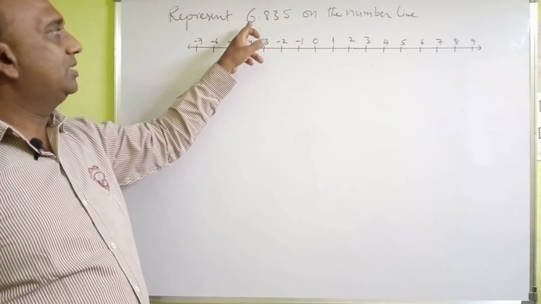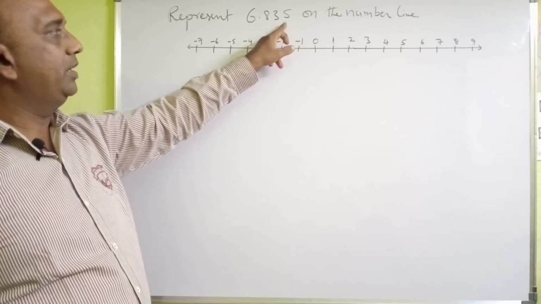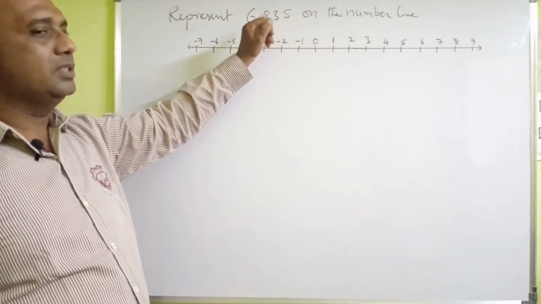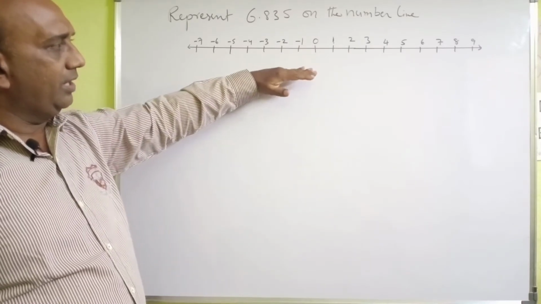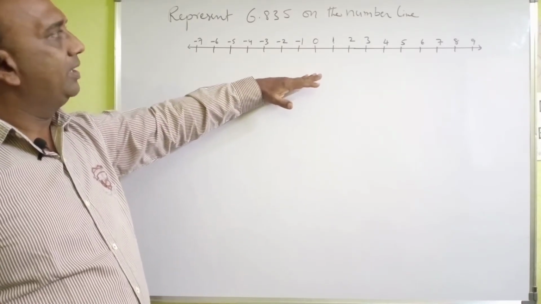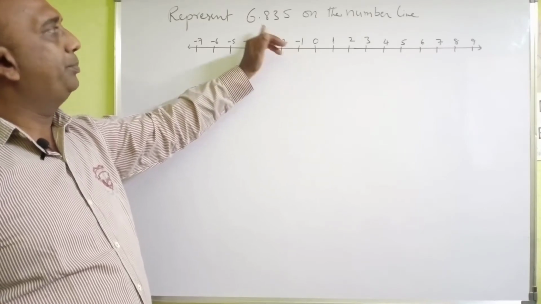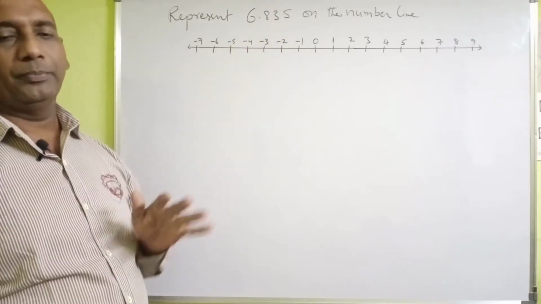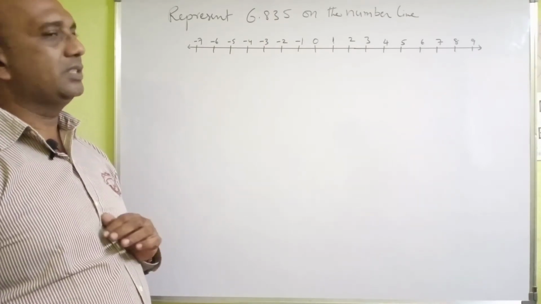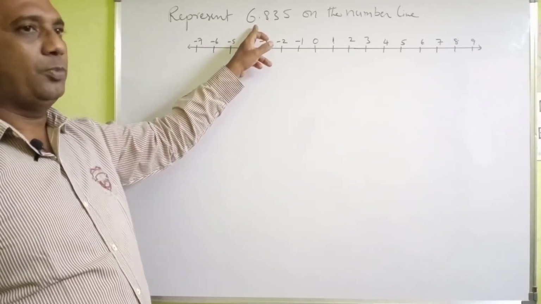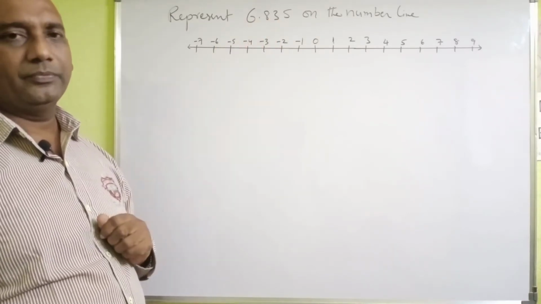Look at this clearly. 6.835 lies between 6 and 7. So, on another number line, let us write the numbers between 6 and 7, because 6.835 lies between 6 and 7.